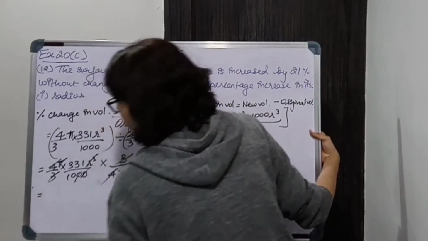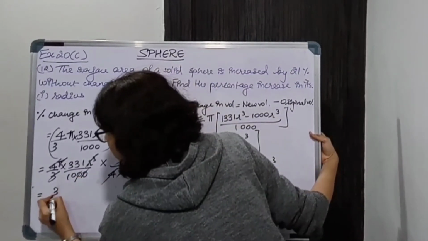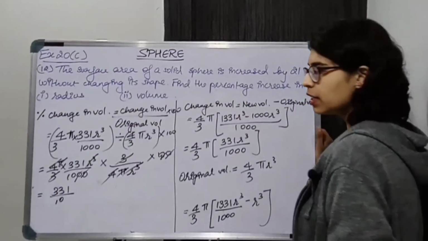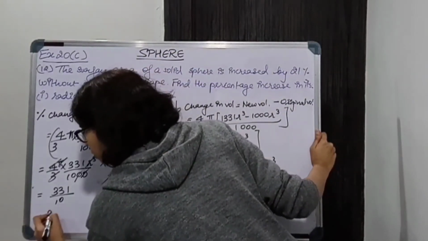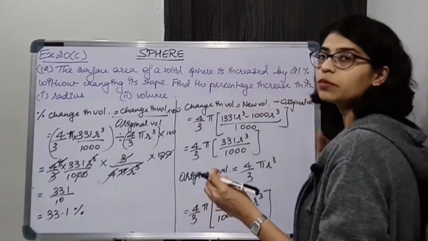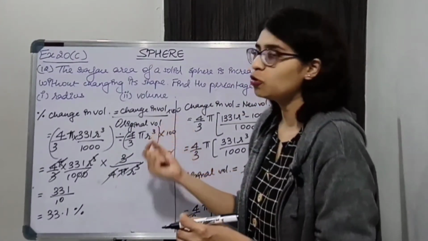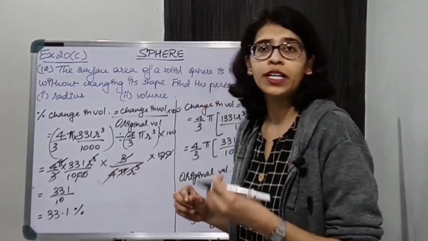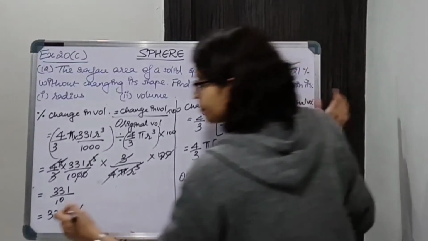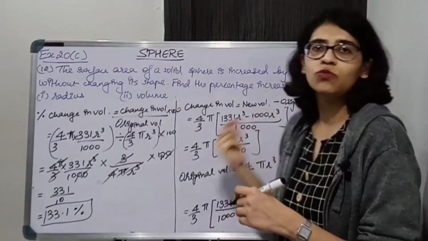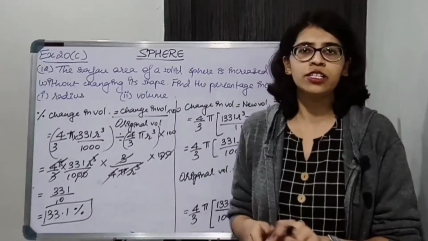So we are left with 331 upon 10. 331 upon 10 is nothing but 33.1. So we get 33.1%. So change in volume, that is percentage increase in volume, is 33.1%. I'm not writing down the final statement. You have to write down the percentage increase in volume is 33.1%.